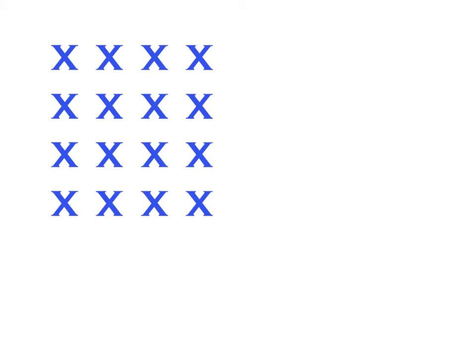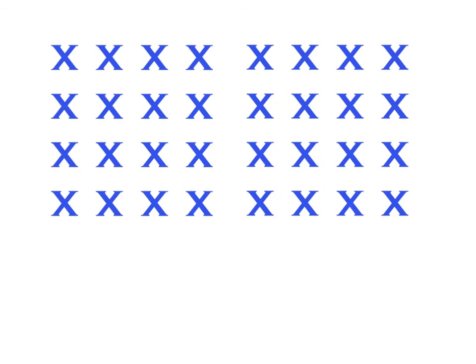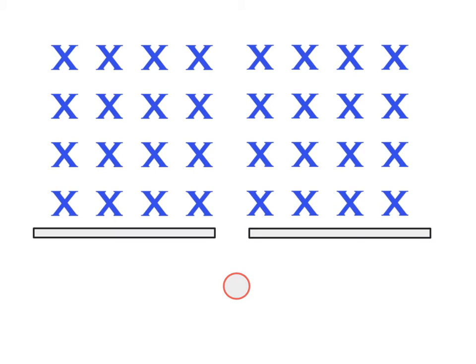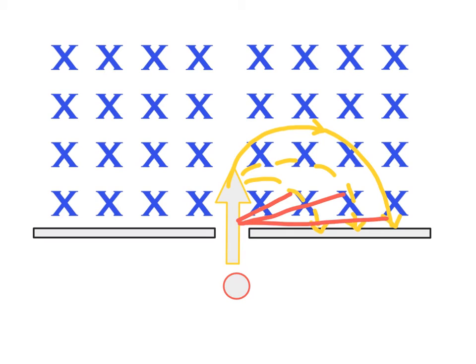So if I have a magnetic field like this, and I have a detector plate which lays along this side of the magnetic field, if I introduce a charged particle into this magnetic field right over here, I'll see that the particle will turn. Let's say it turns to the right. And depending on where it strikes on the detector plate, that represents a different radius of curvature.